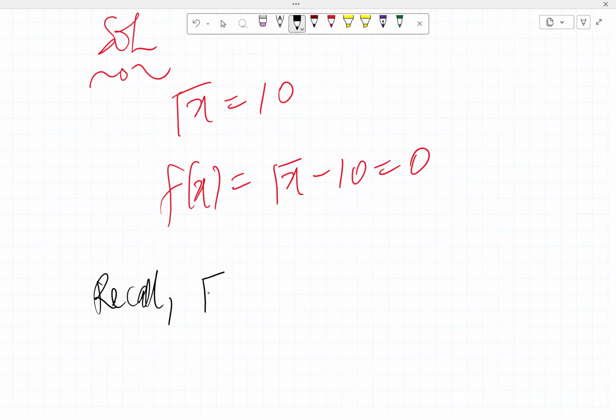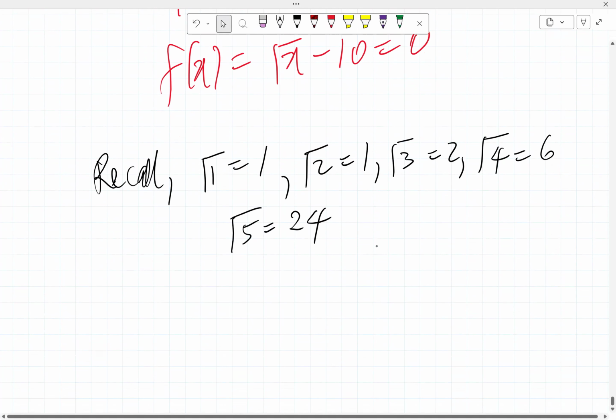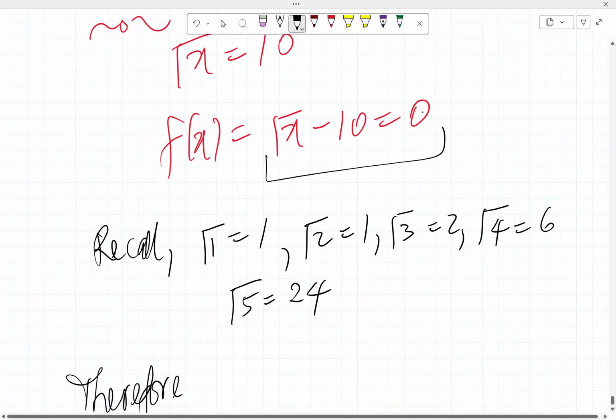So recall that gamma 1 is 1, gamma 2 is 1, gamma 3 is 2, and gamma 4 is 6, gamma 5 is 24, and so on and so forth, right? So since gamma x minus 10 is equal to 0, that means we need some value of x for which gamma x is 10.